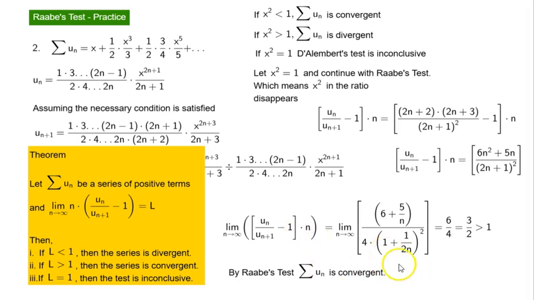Make sure that you don't confuse this with the conditions of the ratio test, because there when it is greater than 1, the series is divergent. For different tests, there are different conditions. Anyhow, so that was Raabe's test.